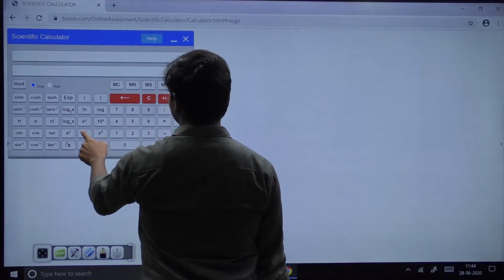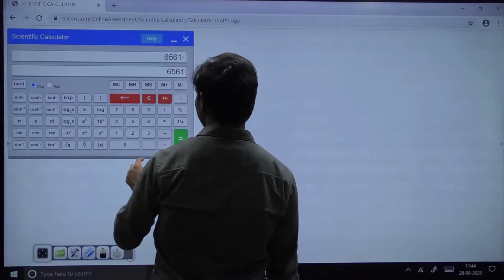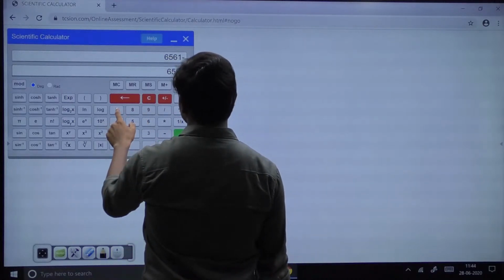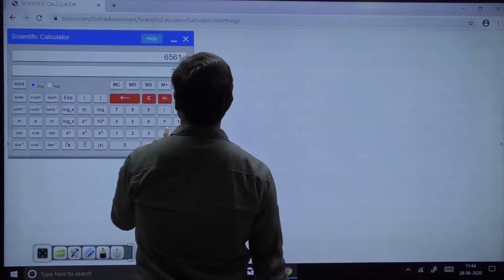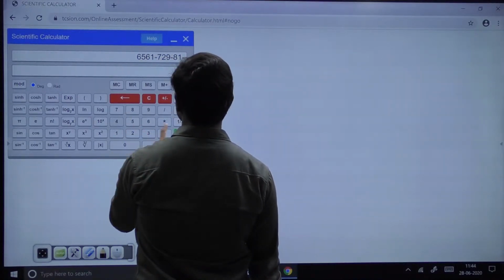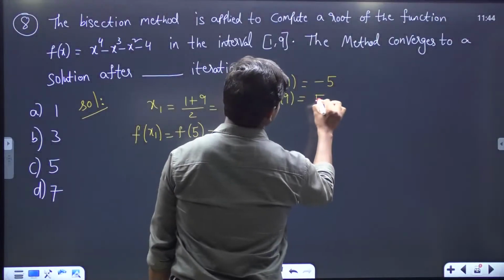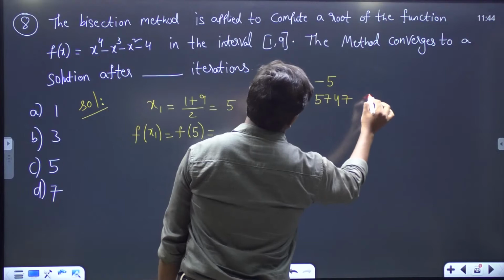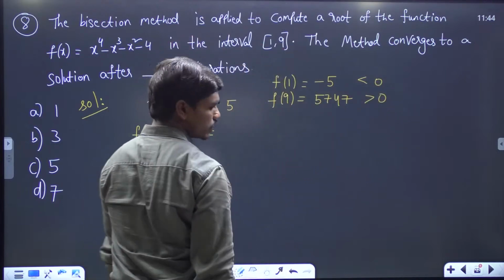9 power 4 minus 9 cube, which is 729, minus 9 square, 81, minus 4. So the total is 5747, which is positive here, and f of 1 is negative. You know this function is a polynomial function, so it's continuous everywhere.